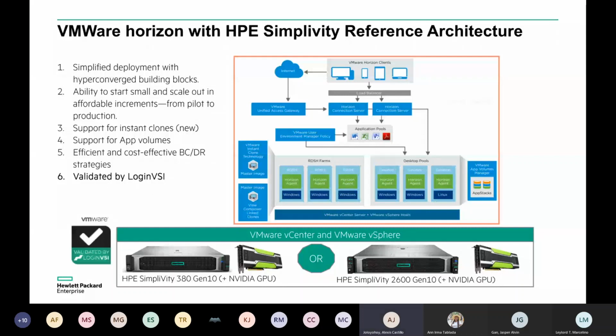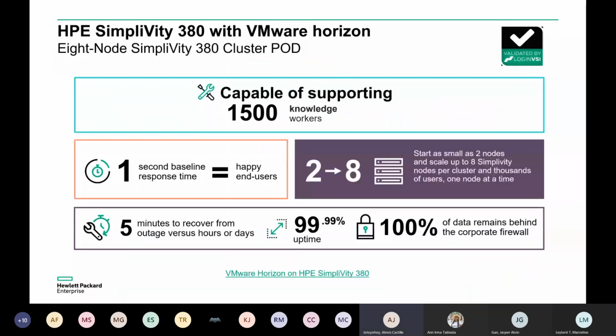This is what we tested on an 8-node SimpliVity 380 in a cluster pod. It's about 1,500 knowledge users for an 8-node cluster. In terms of performance, it's the same. We're able to have a 1 second baseline response time whenever users log into the VDI platform using HCI as the infrastructure. So we can start small and scale independently.